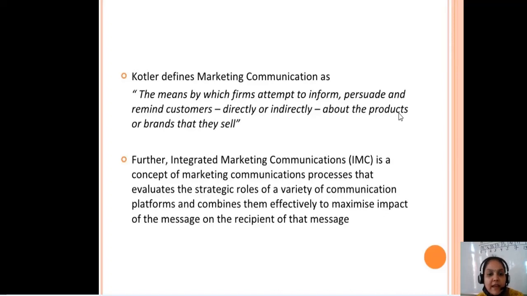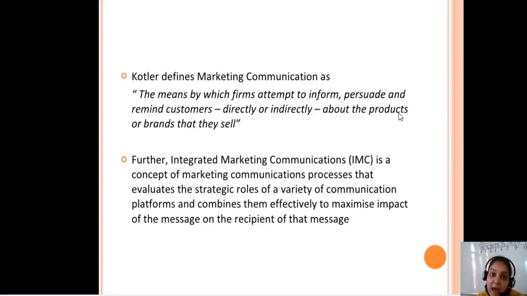It uses the concepts of marketing communication, and there we evaluate the strategies, what types of platforms we can use in order to do the marketing communication.